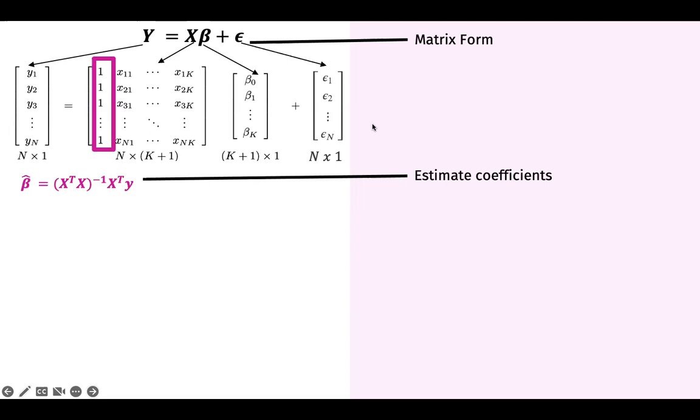So in order for us to estimate this vector beta, we can simply use this formula. We get the dot product of the transpose of this matrix X and X, take the inverse of that, and then take its dot product again with the transpose of X and the y.